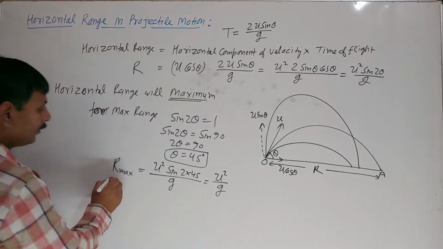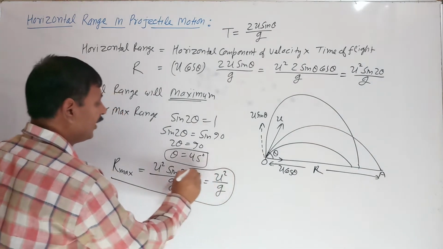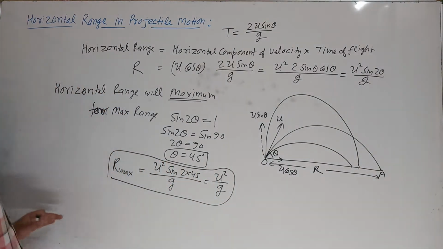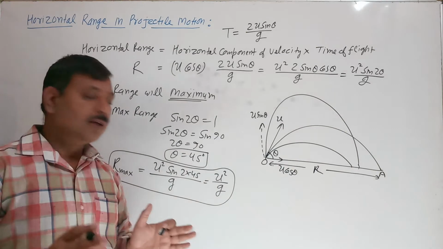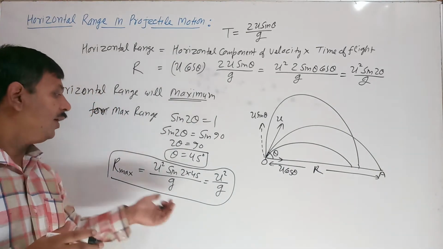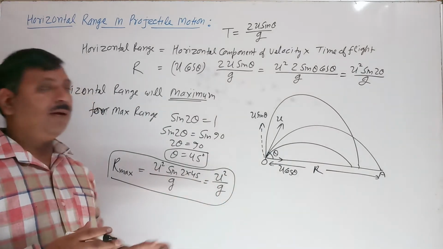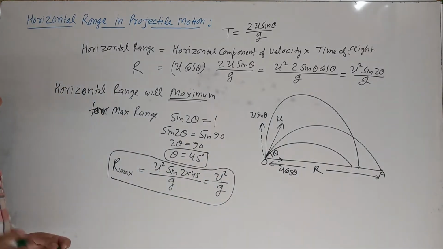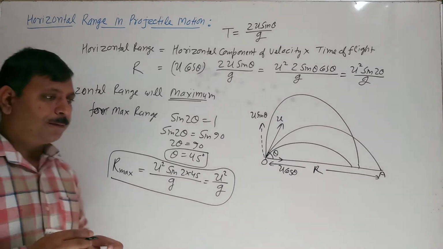So the maximum range will be at angle of projection 45 degree, and its value will be u square upon g.